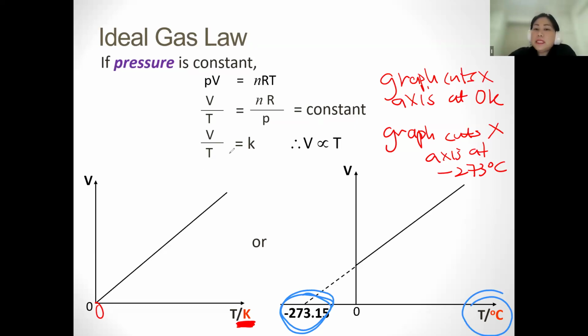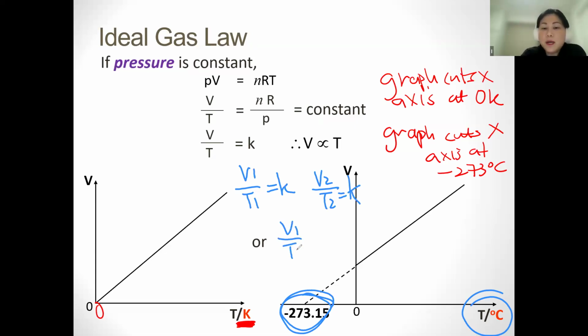Now, what we can also see here is that V over T is always a constant. So if I have two different sets of conditions, V1 over T1 equals K, and for another set of conditions, V2 over T2 also equals K. Therefore V1 over T1 must equal V2 over T2, because both of them give you K. So that gives us the next equation.